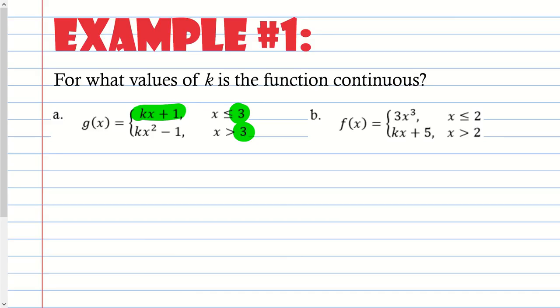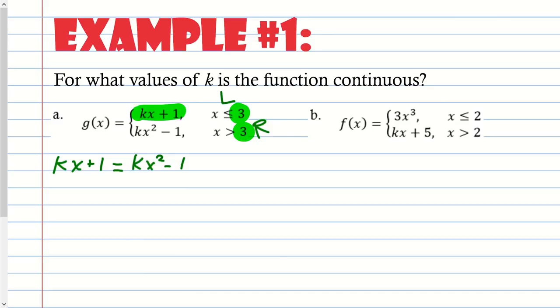So x is less than 3, or x is less than or equal to 3. This is the left, and this is the right. The idea should be that the left should be equal to the right. We know what x equals, it's 3.